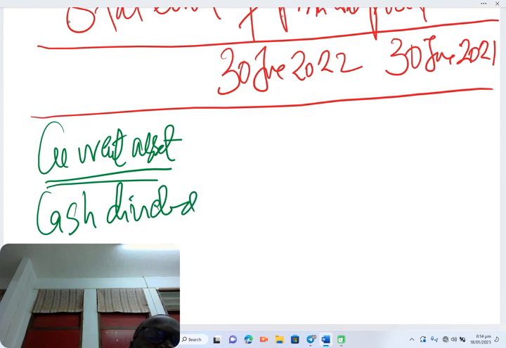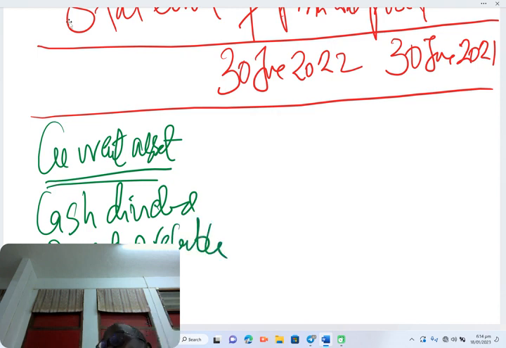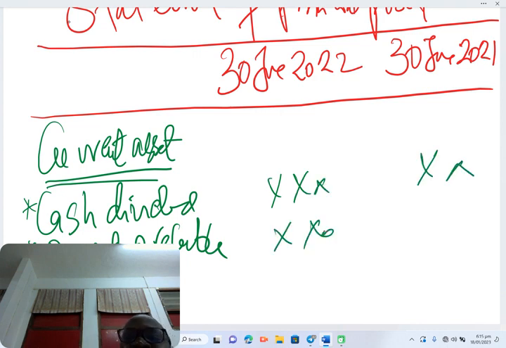Number 2, dividend receivable. Perhaps a public sector entity has declared a dividend but not paid it all. So these two transactions are very important for auditing purposes. This is an asset, cash, and this is also an asset, cash.